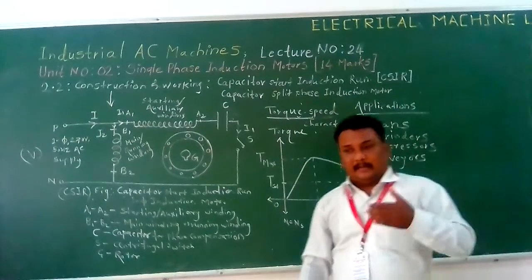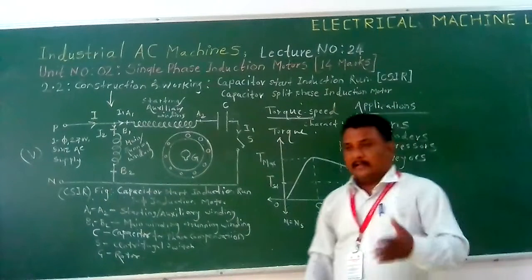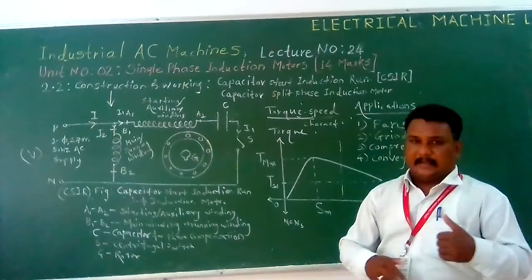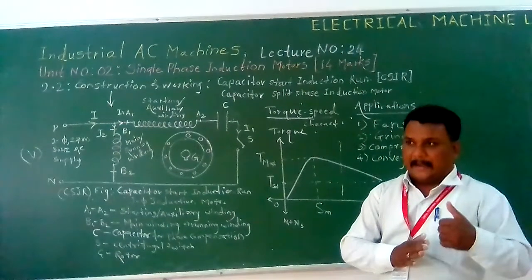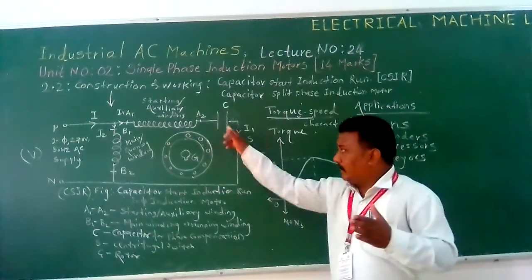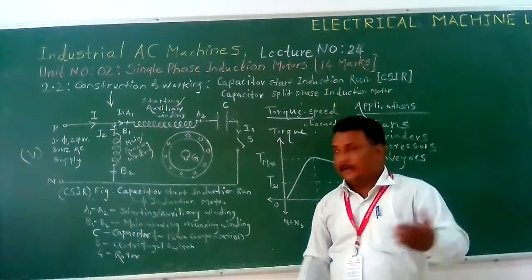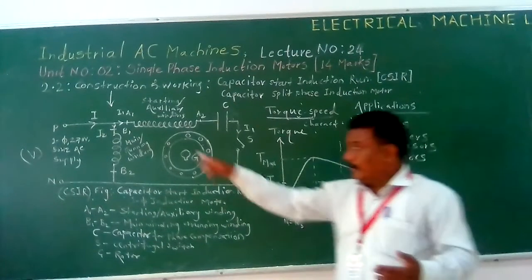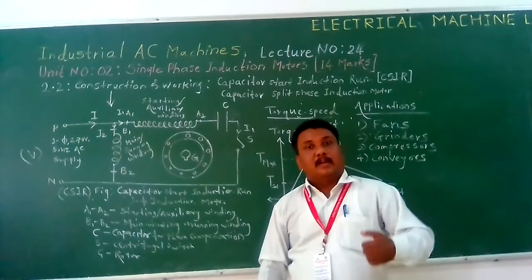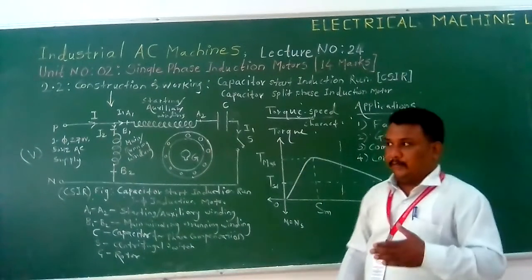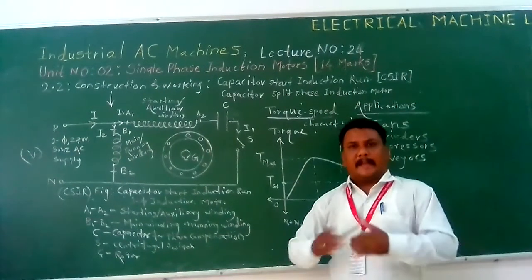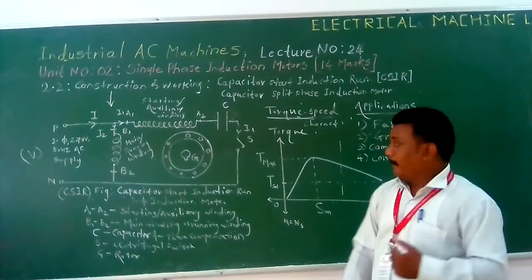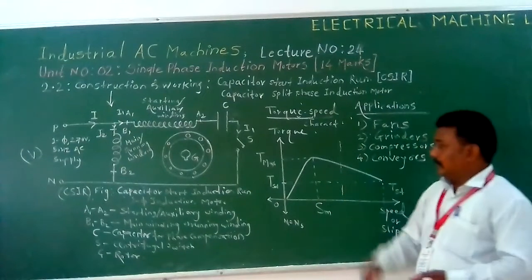In this, the starting winding current I1 leads the applied voltage V. The running winding or main winding current lags behind the applied voltage, because the starting winding has a capacitor, hence its current I1 is leading. The running winding is highly inductive, hence its current I2 lags behind the applied voltage, and the equivalent of both currents is I, at angle phi. Then we saw its torque speed characteristics.